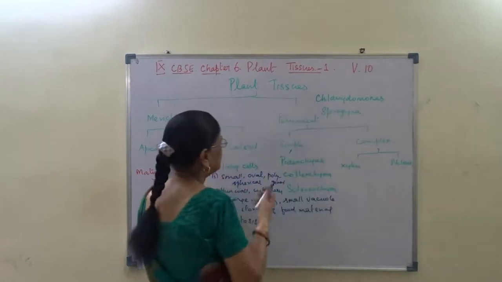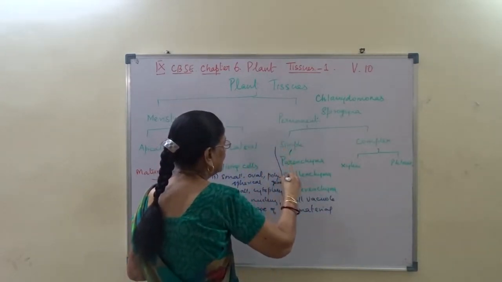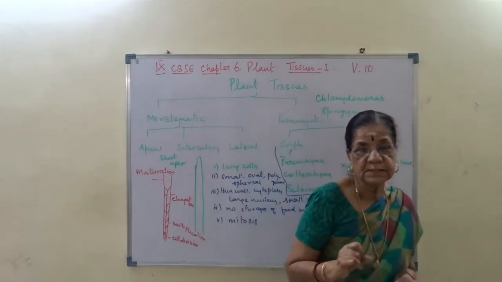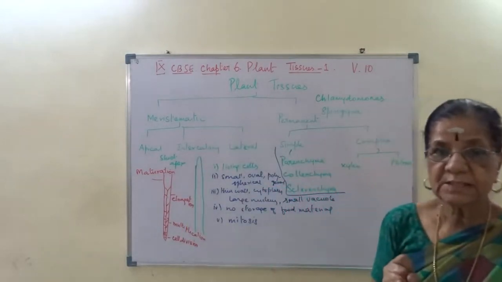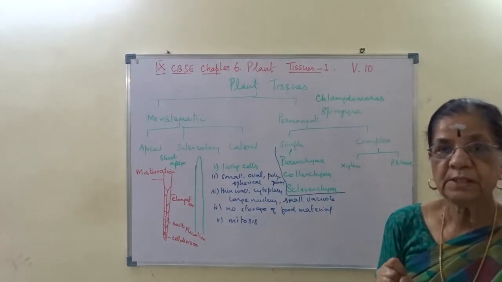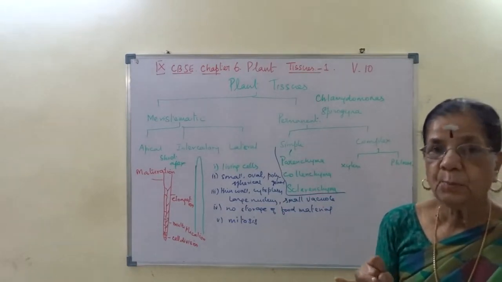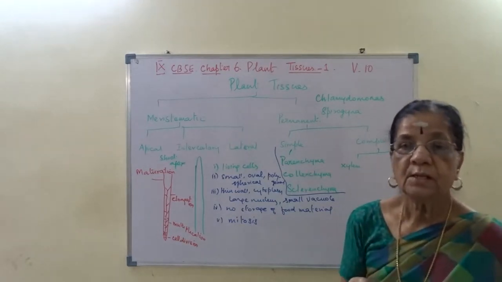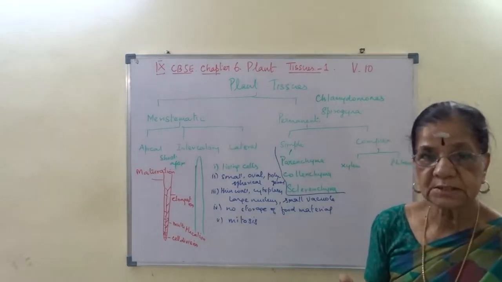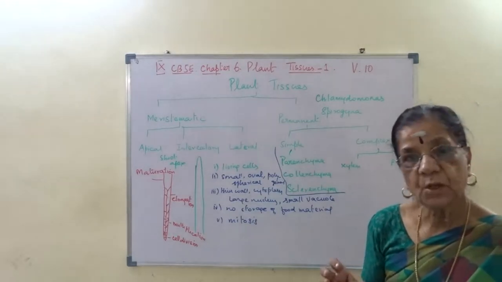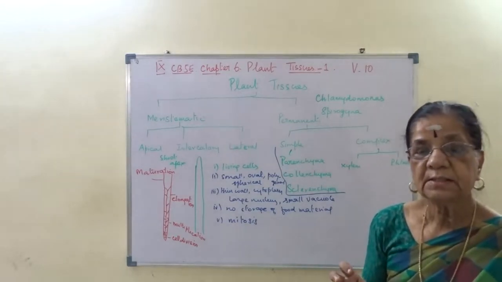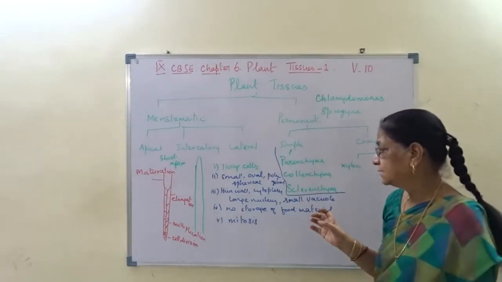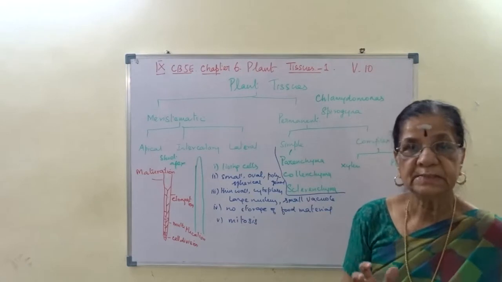The cells are living. Their size is small. Shape may be oval, spherical, polygonal in nature, and the cells have a thin wall with cytoplasm, large nucleus and small vacuole, and then it will not store food material, and it undergoes mitotic cell division.